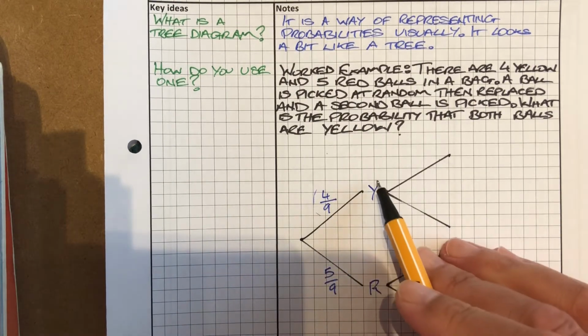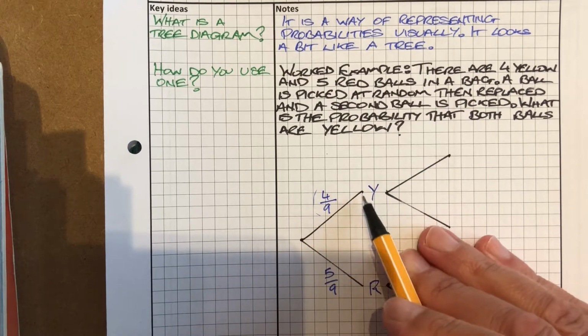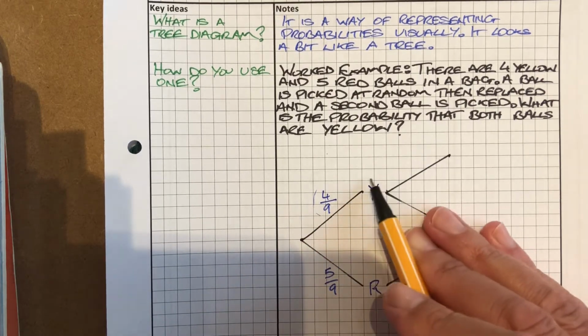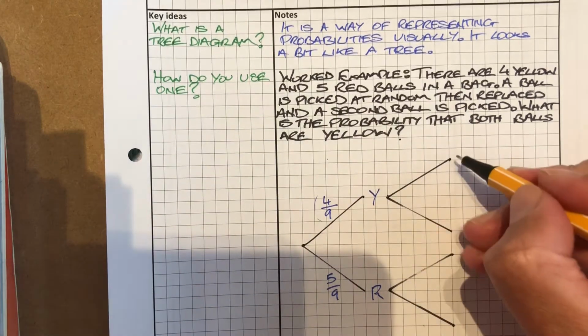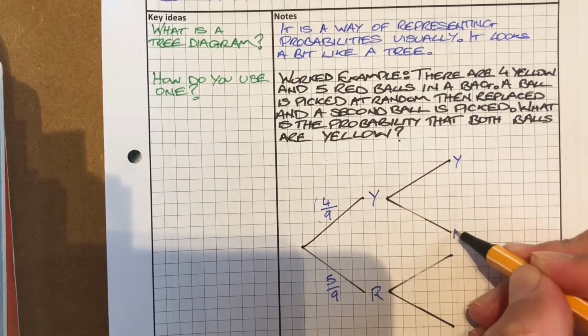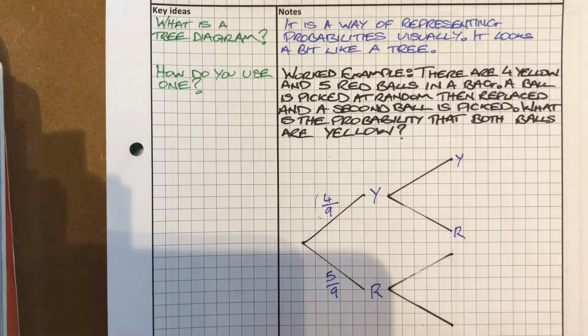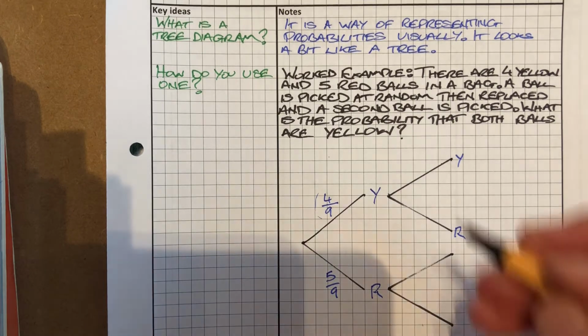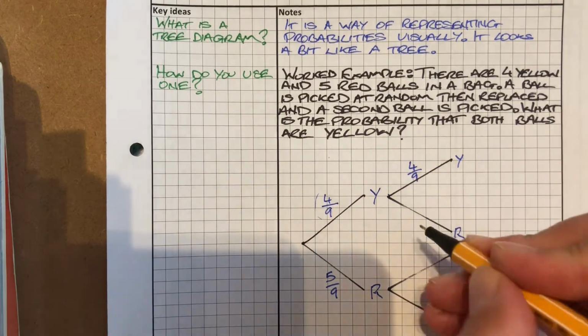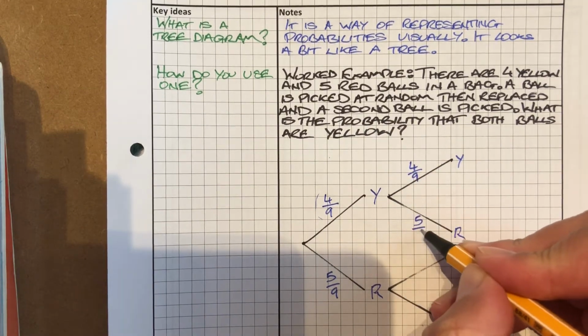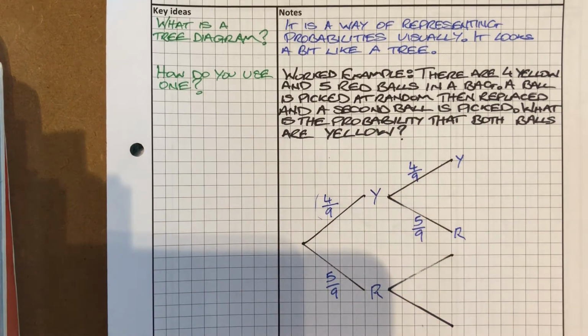Having chosen one ball, let's imagine that we came along this path and we chose a yellow one. Now at this point we choose a second ball, and again it could be yellow or red. Because we put the ball back, it doesn't change our probabilities for the second choice. So still, the probability of a yellow ball is 4/9, and the probability of a red ball is 5/9.